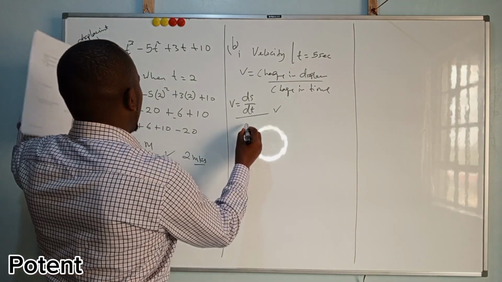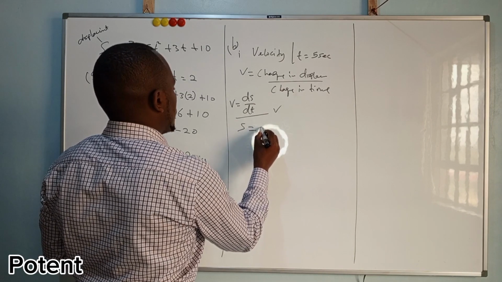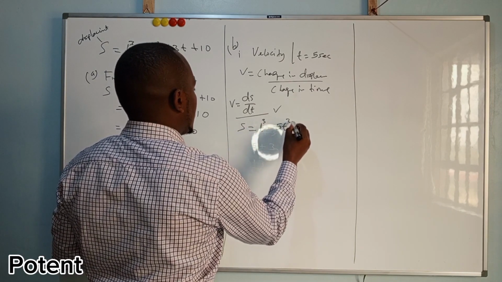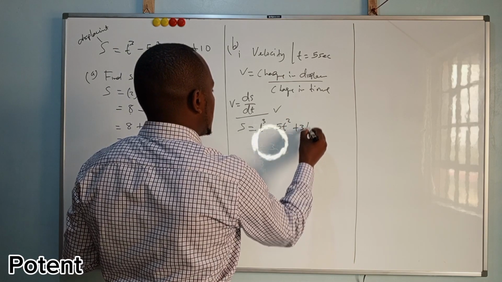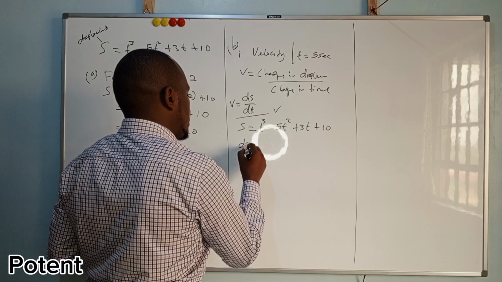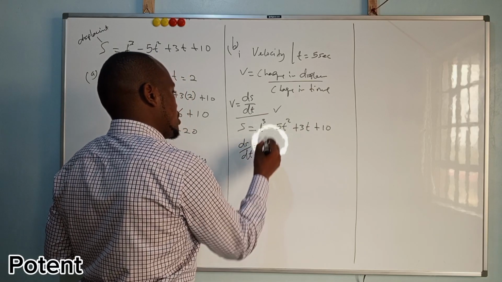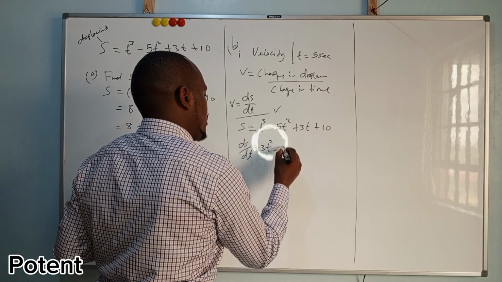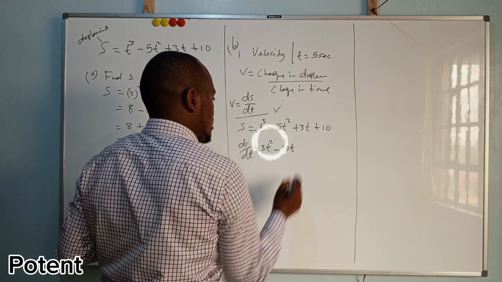Now s equals t cubed minus 5t squared plus 3t plus 10. ds over dt equals 3t squared minus 10t.